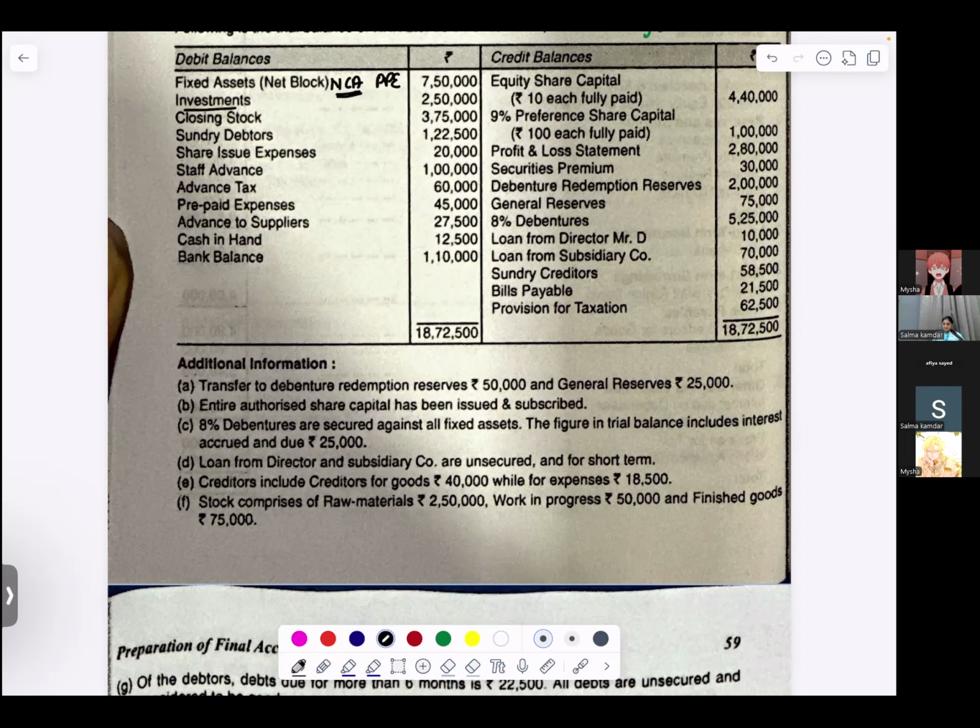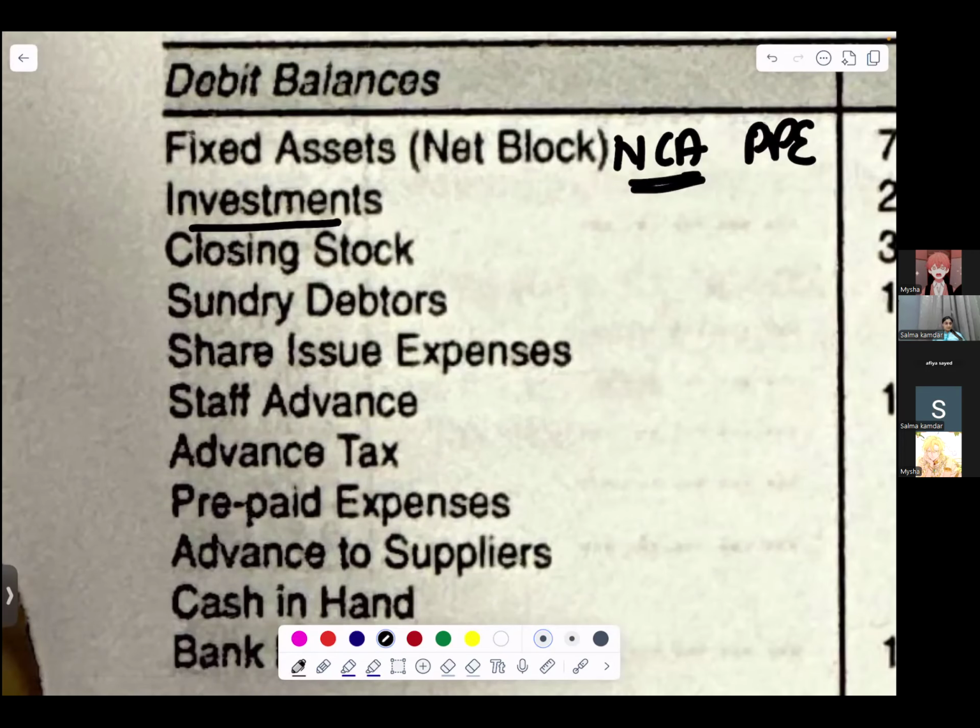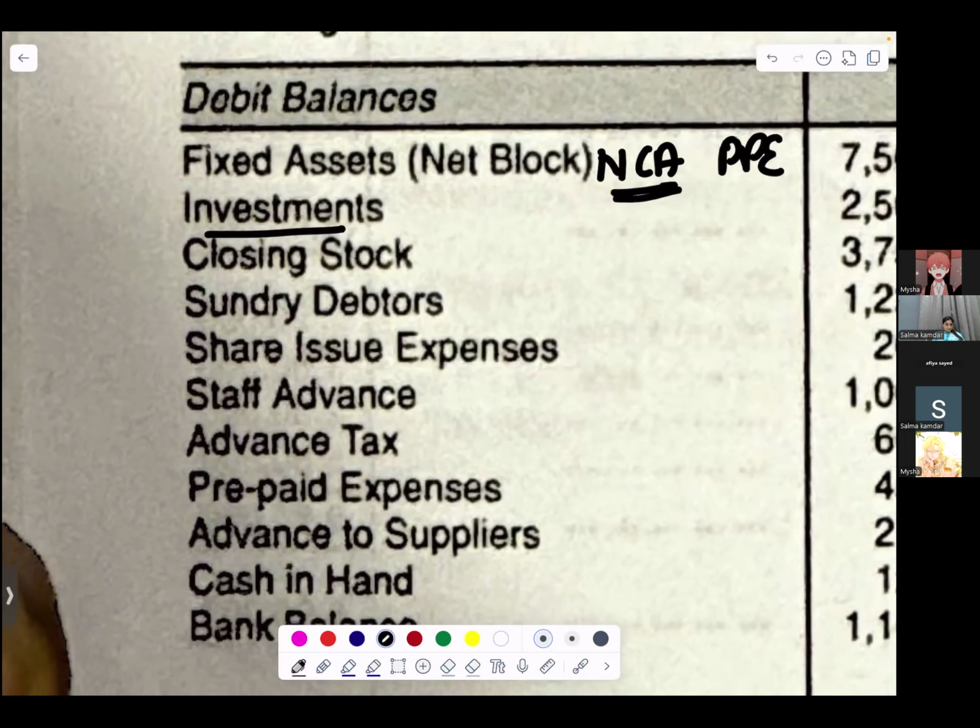In the investments, non-current investments. In non-current assets, there is non-current investments. Okay, next one.